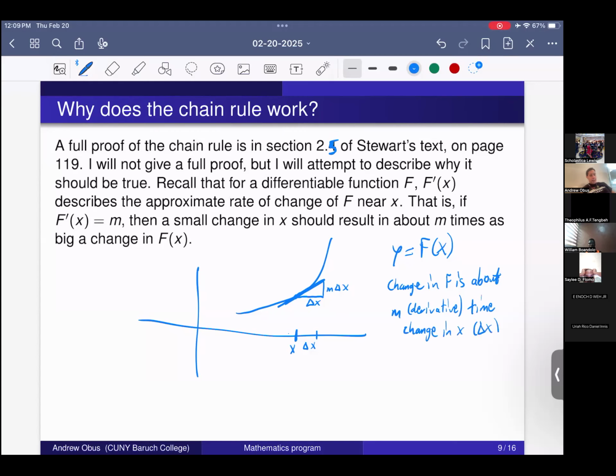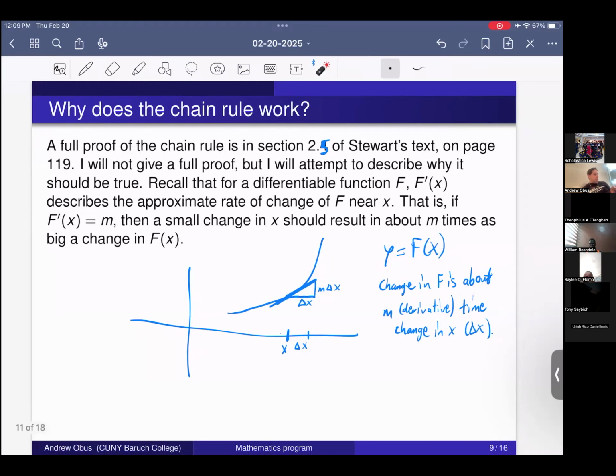Every time we move over by delta x, we move up by that amount times m, because the slope is exactly the rise over the run. If you run a certain amount, then your rise is that amount multiplied by the slope. This is what a slope is. So you make a little change in the input, and the output should change by about m times as much. This is what a derivative is.